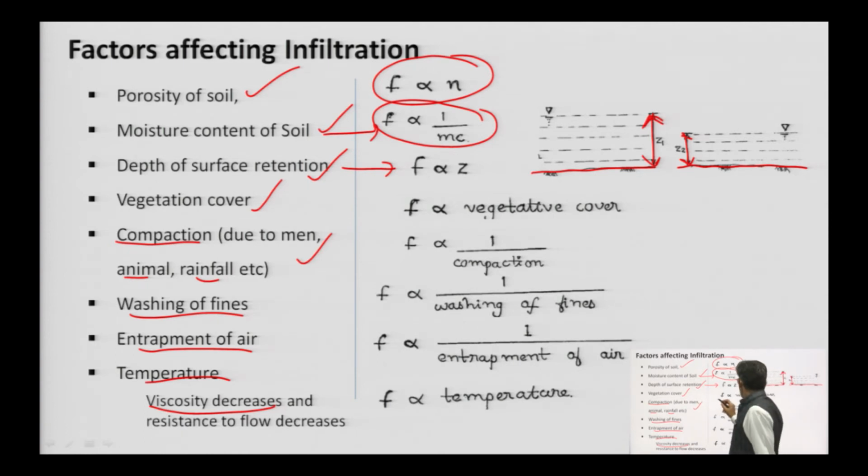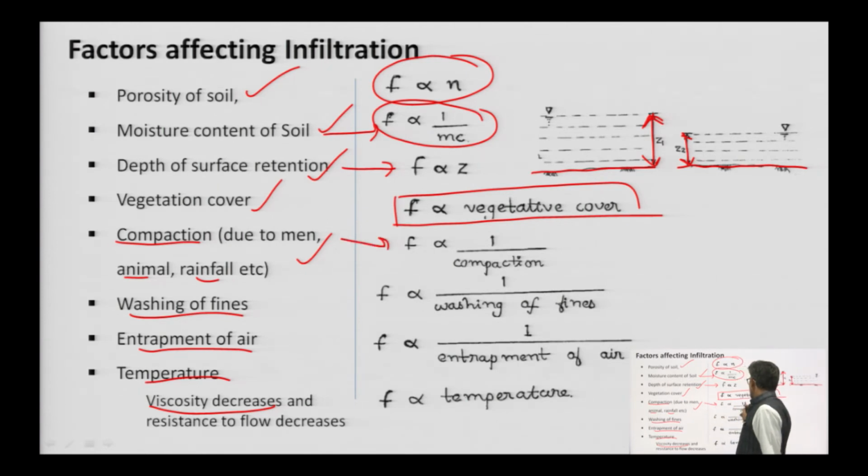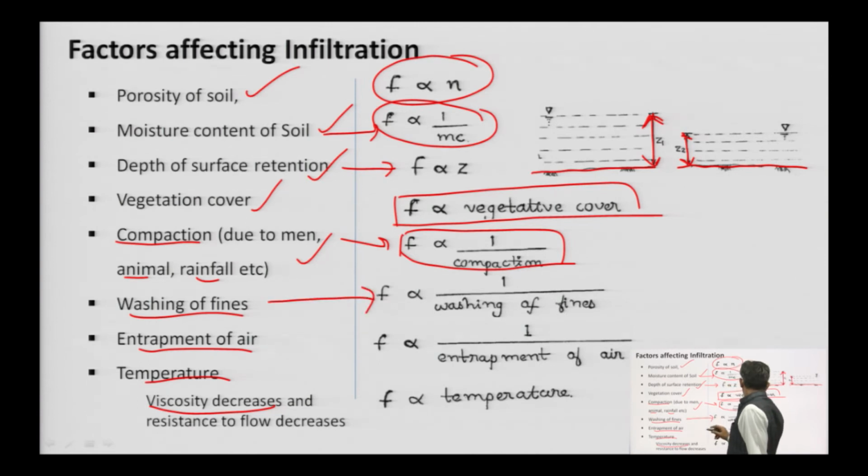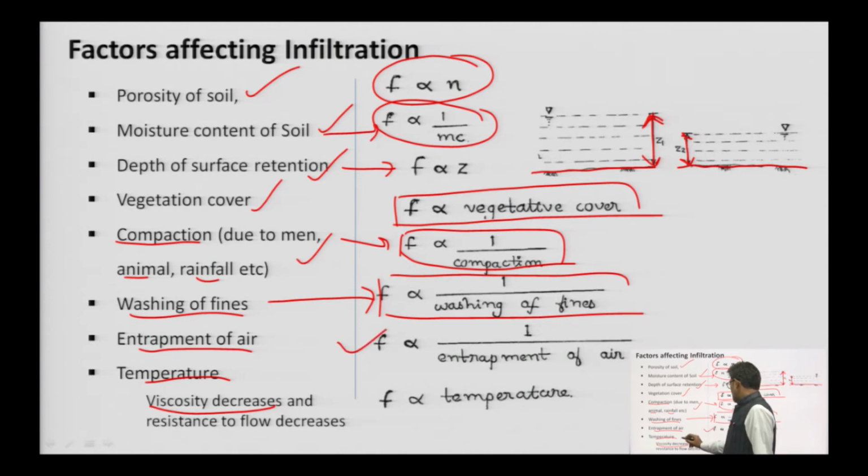Vegetation cover is directly proportionate to that. Compaction, for more compaction, there is less possibility for the water to infiltrate. Washing of fines, inversely proportionate. Entrapment of air, inversely proportionate. And temperature, as the temperature is increasing, the infiltration rate is going to increase.